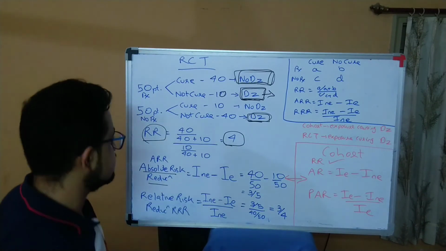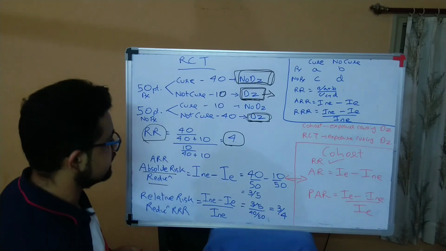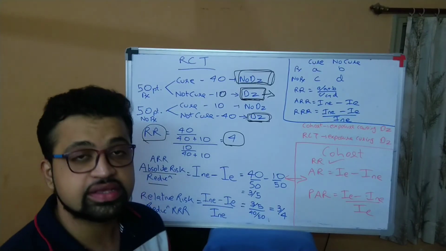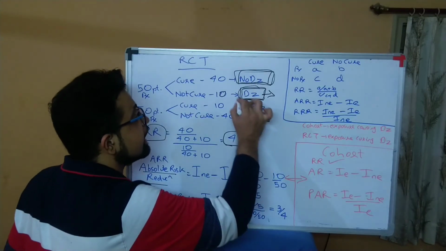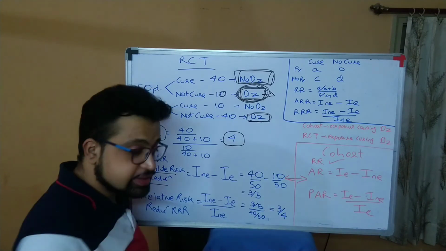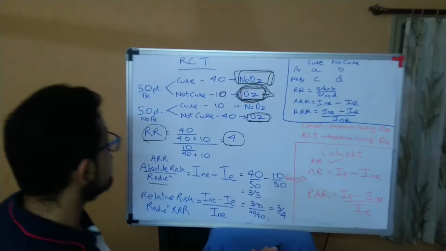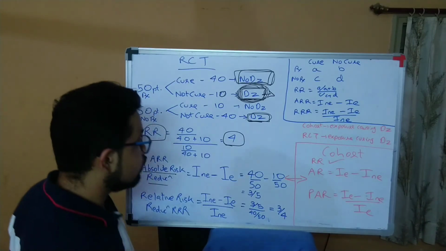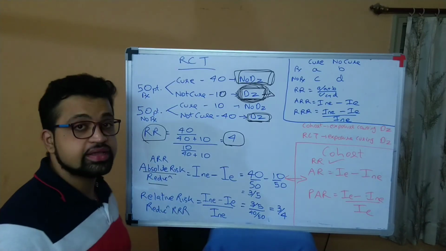First of all, let us discuss RCT. Absolute risk reduction. What happens in RCT? What is incidence? As I said, I'm going to discuss this area at the end. This area is the incidence, the disease occurring at the end of intervention. That is incidence. And what is the intervention over here? That is the exposure.